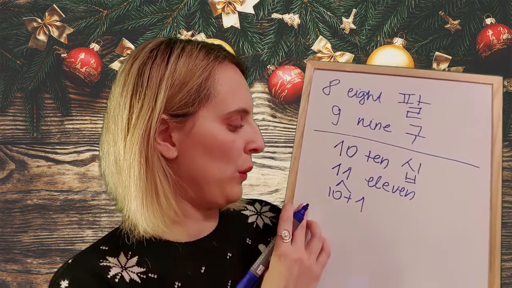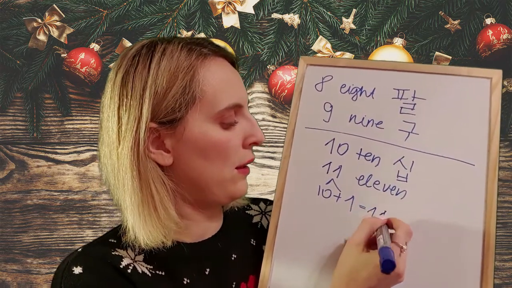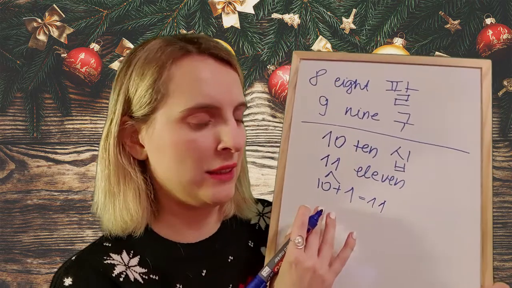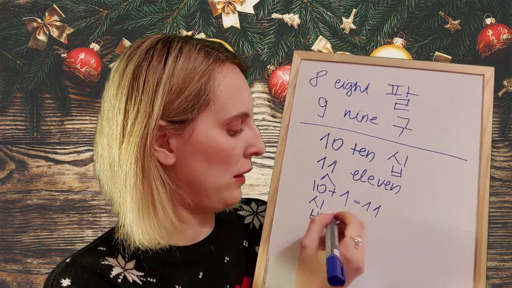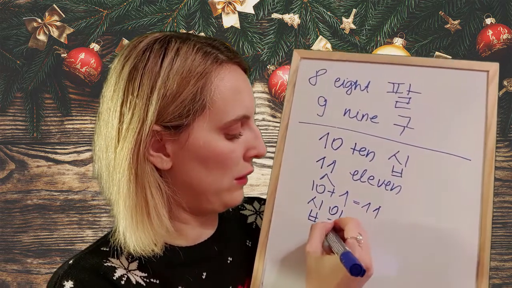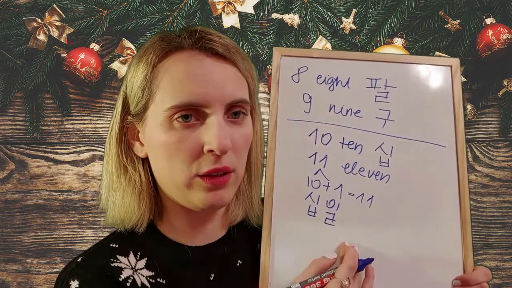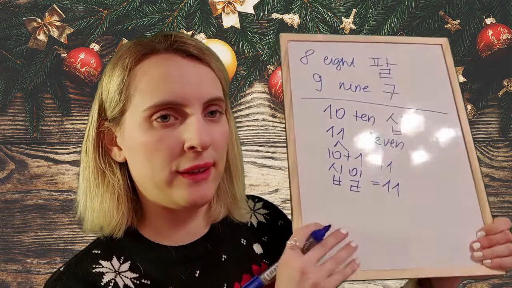So 10 plus 1 is 11, right? And we also write it like that. So ship is 10 and il is 1. So shipil is 11. Shipil is 11. So we write it like that.